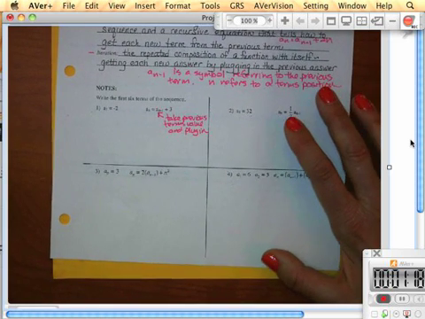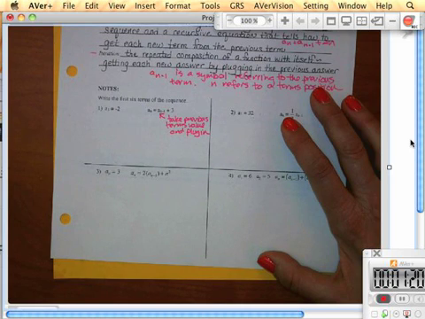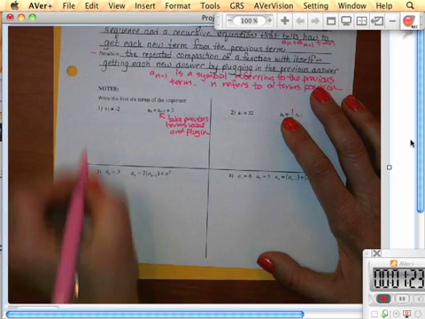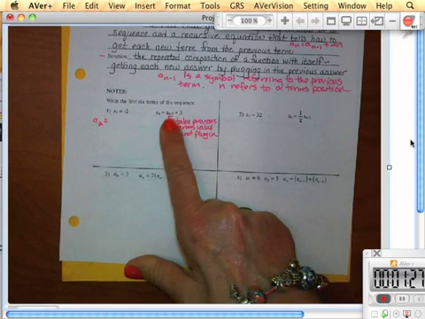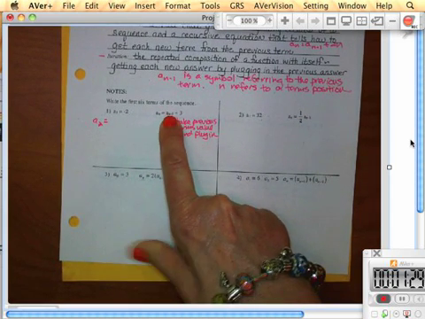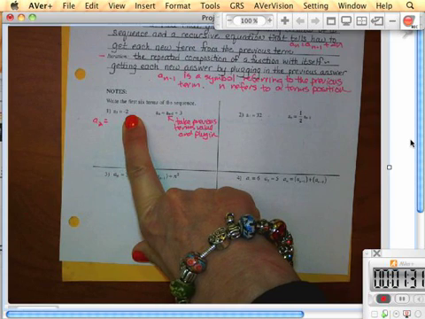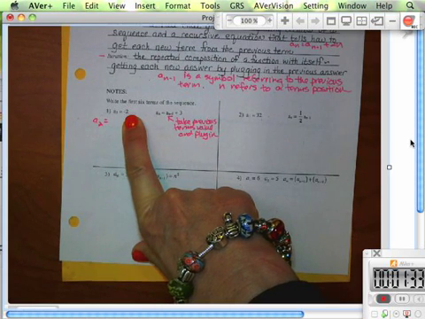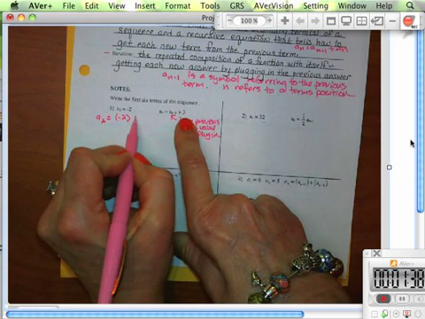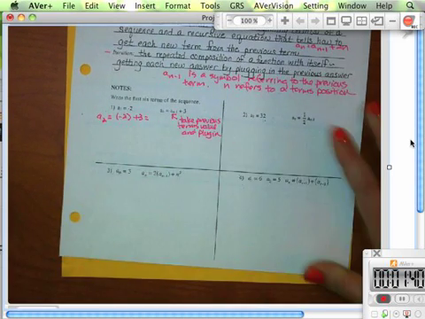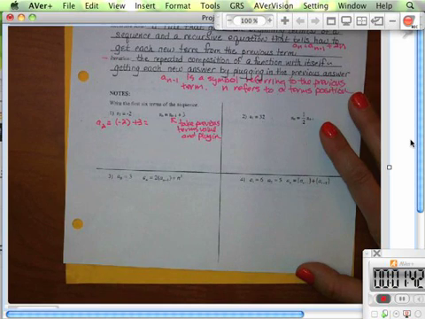So we have a sub 1 already. So now we're going to find a sub 2. So I'm going to write a sub 2 is equal to the value of the previous term, which is what? Negative 2, right? The value of the previous term, which is negative 2, plus 3. So a sub 2 would be equal to what? 1.